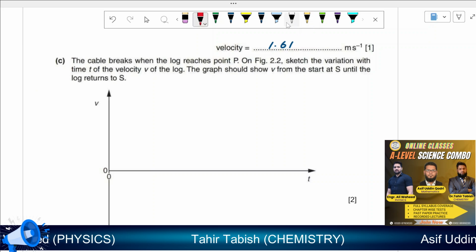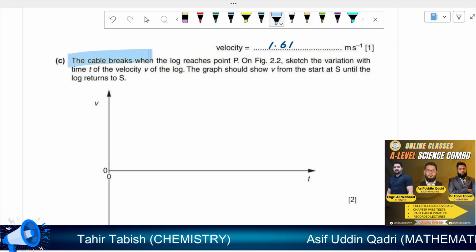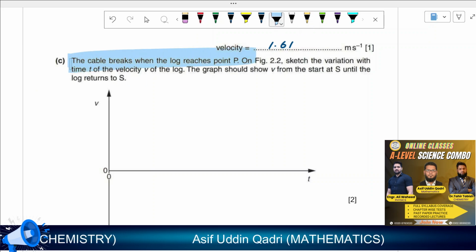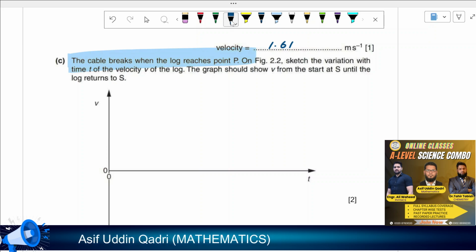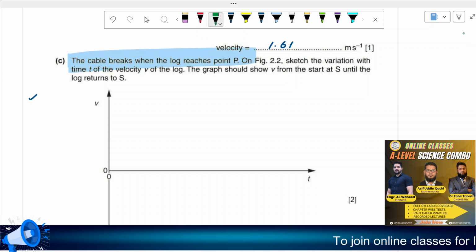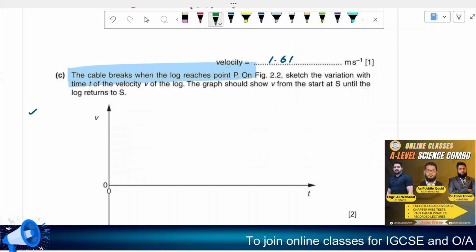But the only situation, the change is this one. Now the cable breaks when the log reaches a point P. So this is the situation that we have. When the log reaches a point P, the cable breaks.